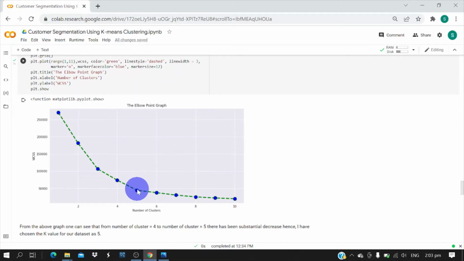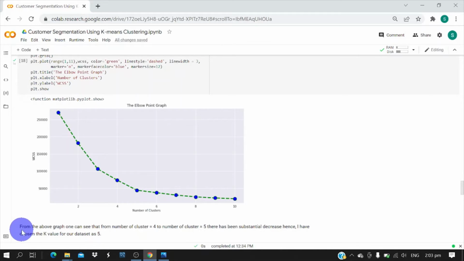From the elbow method, this is the lowest point, that's the elbow point, and it is between 4 and 6. So at this point, this is 5: 1, 2, 3, 4, 5.